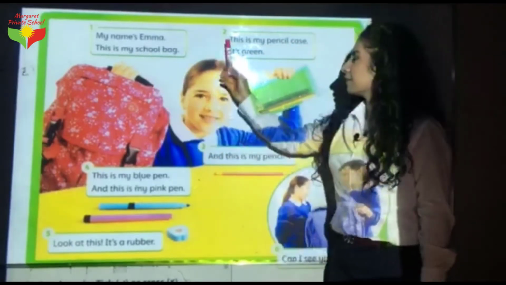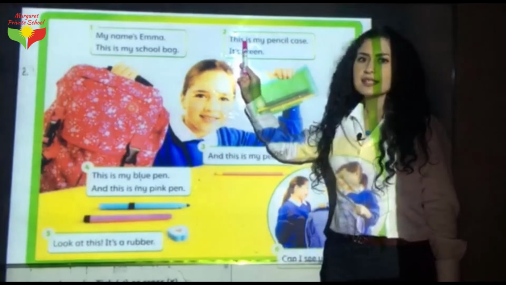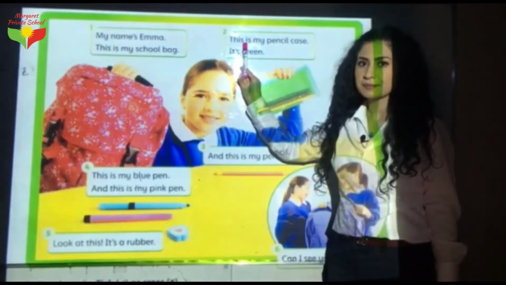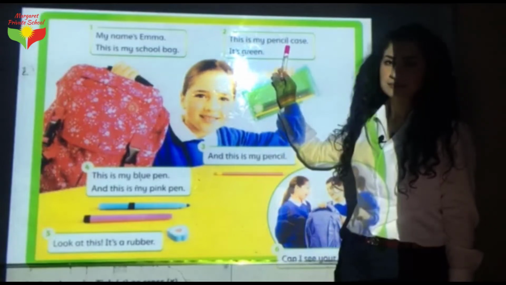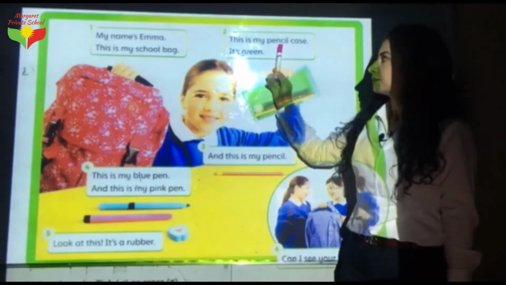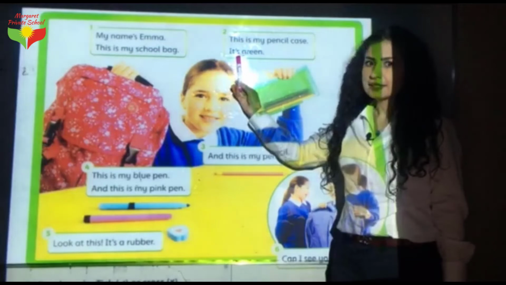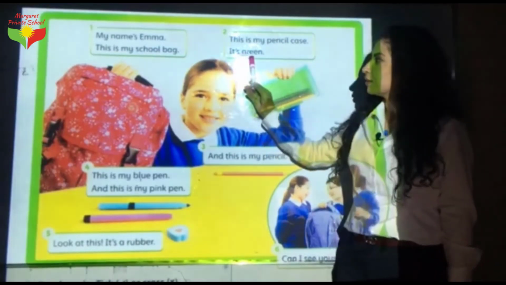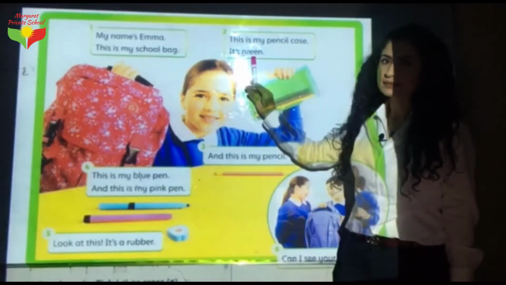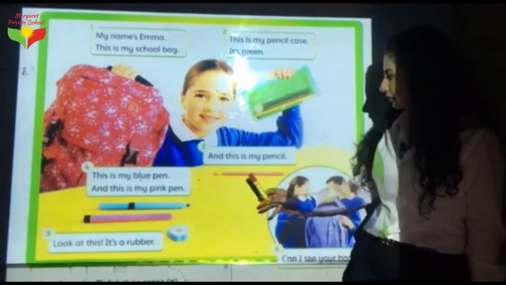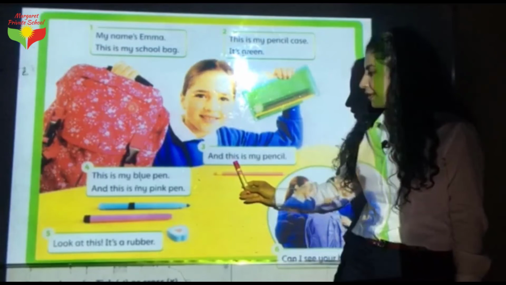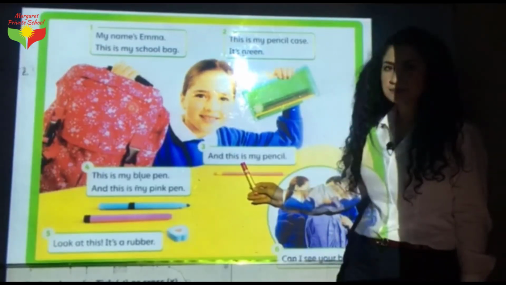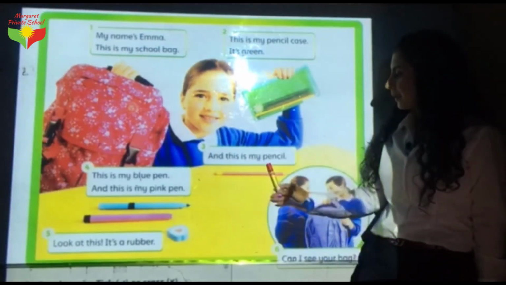Okay. The second one. This is my pencil case. It's green. Excellent. And this is my pencil.